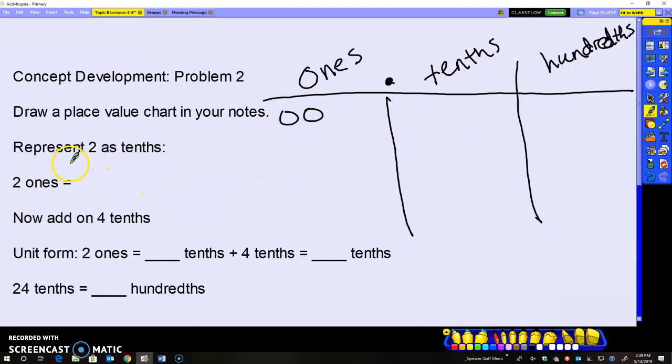Okay, what happens when we want to show 2 ones as tenths? Well, these two ones, we're going to decompose them. They're going to become smaller units, and there's actually going to be 20 tenths.